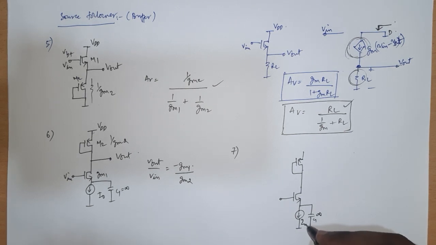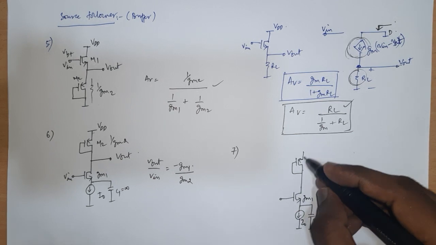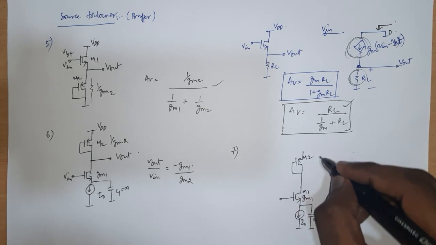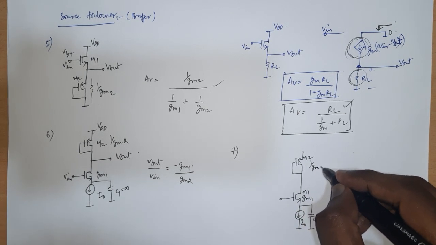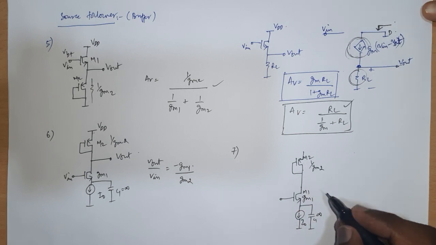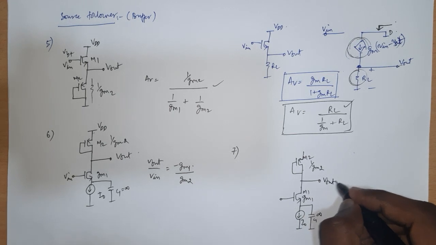Let it be an infinite capacitor and same current, and let it have a GM1 transconductance. This transistor M2 has a transconductance GM2, and it will offer a series resistance of 1 over GM2, and let the Vout be here.